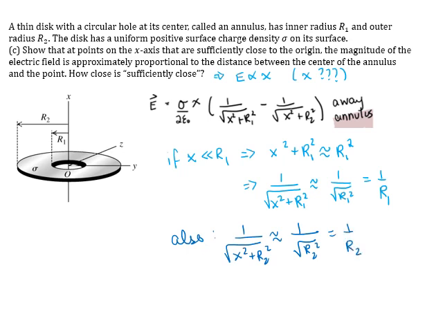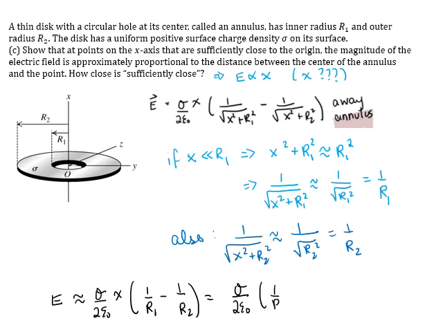Then our electric field is approximately equal to sigma over 2 epsilon naught times x outside of 1 over r1 subtract 1 over r2, which is equal to sigma over 2 epsilon naught times 1 over r1 subtract 1 over r2 times x.